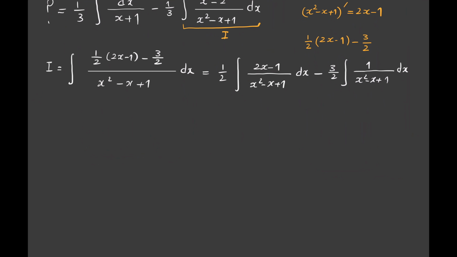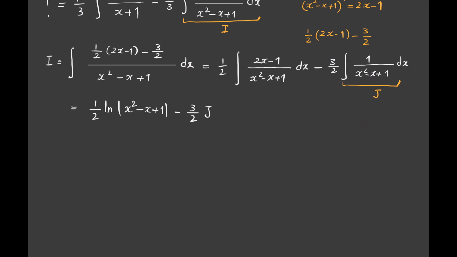So that's also easy. But for this one, let me just continue this one. So this becomes 1 over 2 ln of absolute value of x squared minus x plus 1. Okay, minus 3 over 2, and for simplicity, let me call this integral j. So this is minus 3 over 2 j.